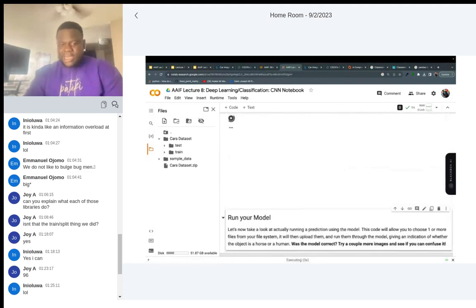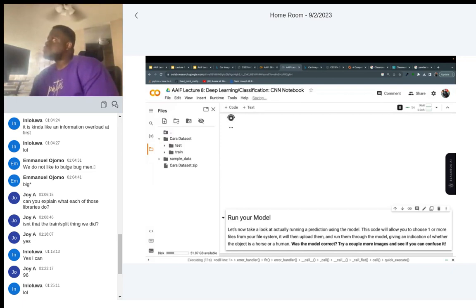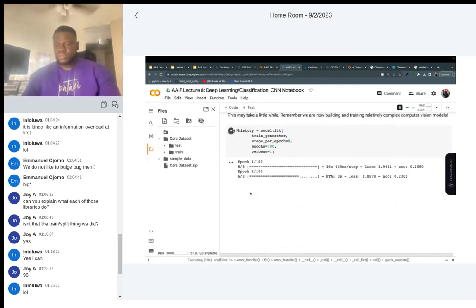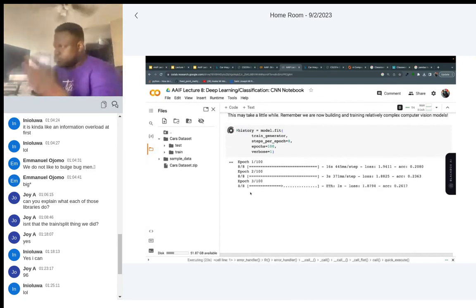And then voila, we are training a model to identify cars. Why this project was of interest to me: back in school, we did a project to identify car type, whether a car is a convertible, a coupe, or an SUV.